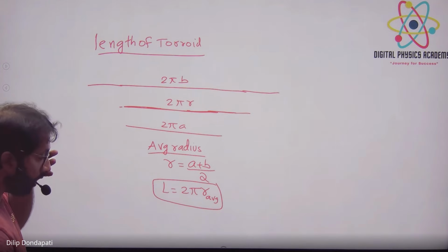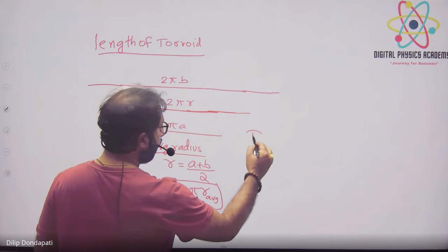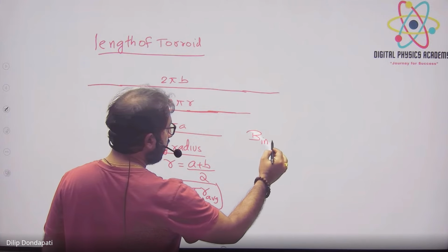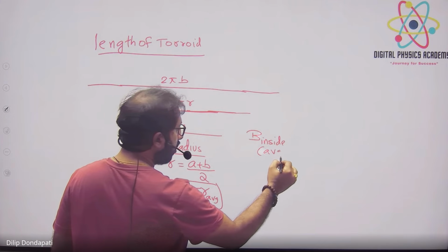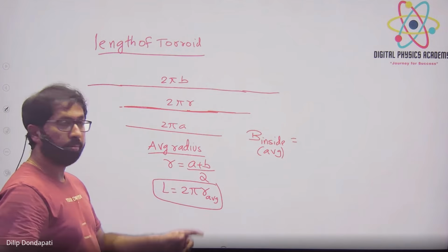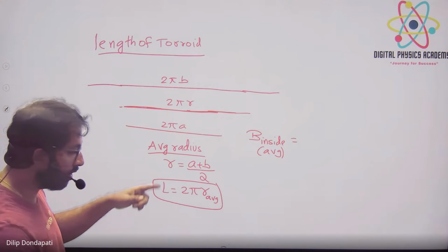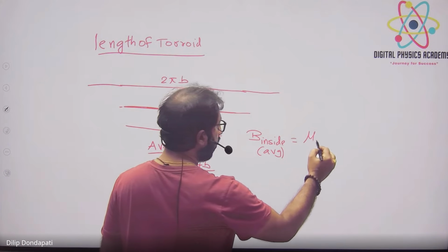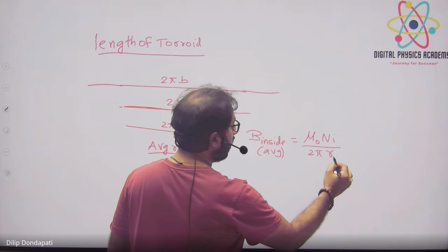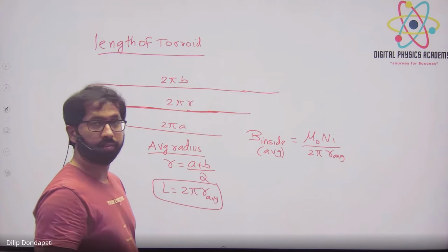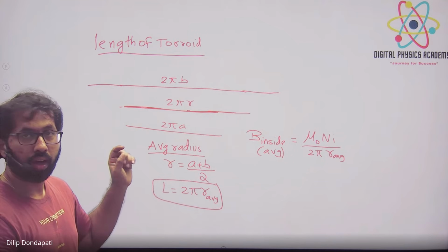So now if they ask B, in this case B inside that average value I want. Now tell me what is the formula? B toroid का inside में what is the formula था? Mu naught N I by 2 pi r average, learn करने का. This is r average. Okay, so समझ में आ रहा है?